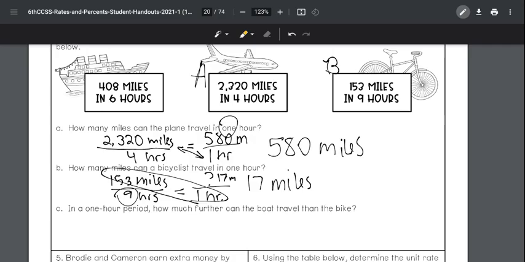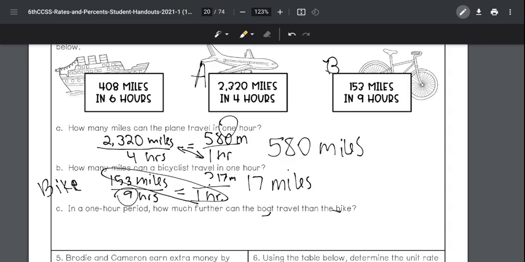Part C. In a 1 hour period, how much further can the boat travel than the bike? Well, we just solved for the bike in Part B, but we haven't done anything with the boat yet. So we're actually going to have to solve the boat information and then compare the boat versus the bike.